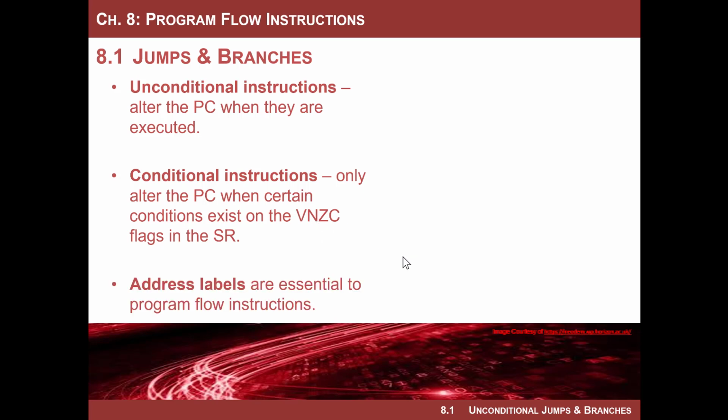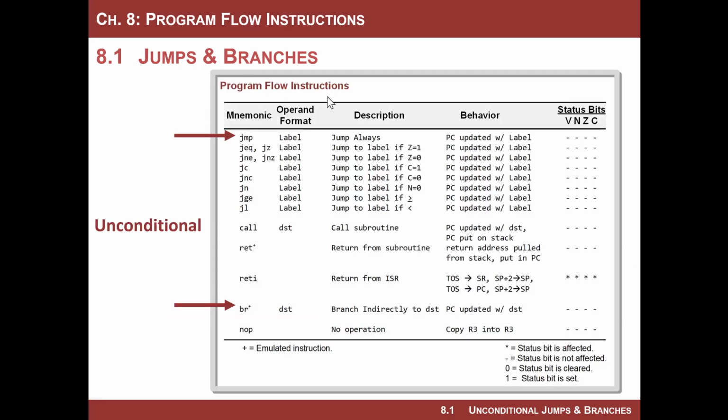Okay? All right. Now, here's the big one. Once you get into program flow, address labels are essential. There's no possible way that you can keep track of all these addresses in their absolute form, so you don't even try. You are going to use address labels like crazy in order to keep track of where you're jumping over, where you're jumping back to. Okay, here is the MSP430 instruction set for program flow instructions, or this is the table that I plucked out all the ones, and I classify these in here.